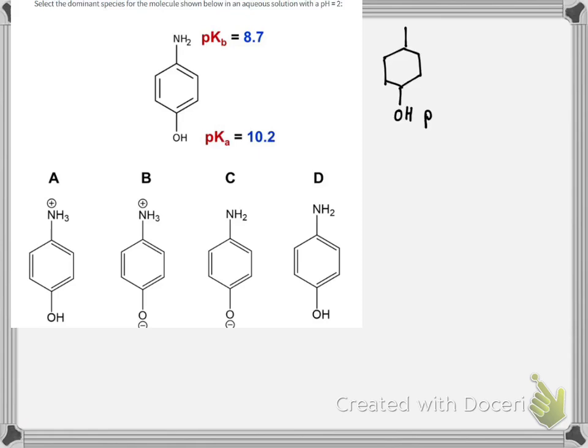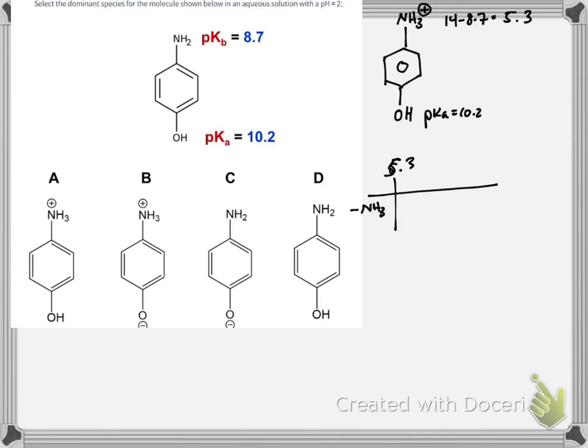Right, so let's take a look at, first get the pKa. The pKa is 10.2, and now for the pKa of the acid form, we have to put NH3+, which is 14 minus 8.7, or 5.3.